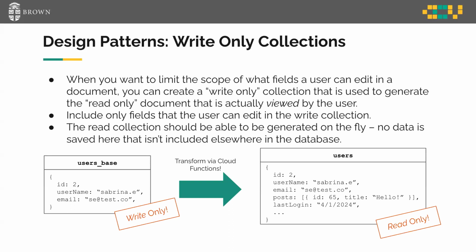I might want to let a user update their name, but not their ID, or not some kind of password without crypto checking. The idea is to have a collection of read-only documents that the user can view and access, and then a collection of write-only documents that the user can only write to. Then when that write-only document is changed, use a cloud function to update the read-only document.